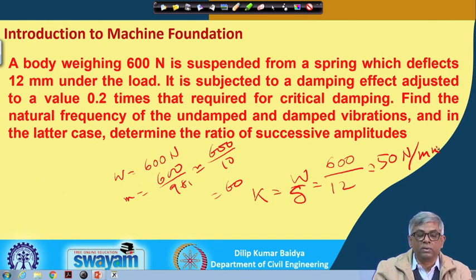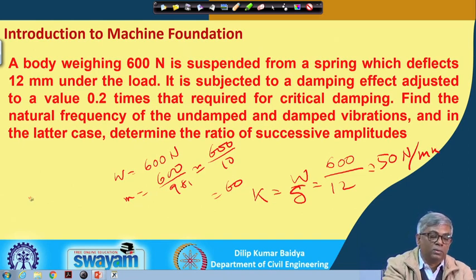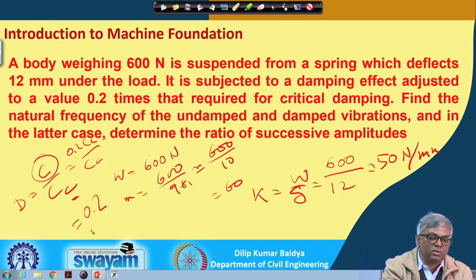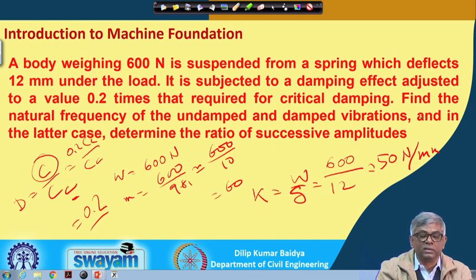And once again K becomes this, and I know the damping ratio D will be equal to C over C c. This C is given as 0.2 times C c. So, it is 0.2 C c divided by C c, that means damping ratio is nothing but 0.2, and we need to find the natural frequency.